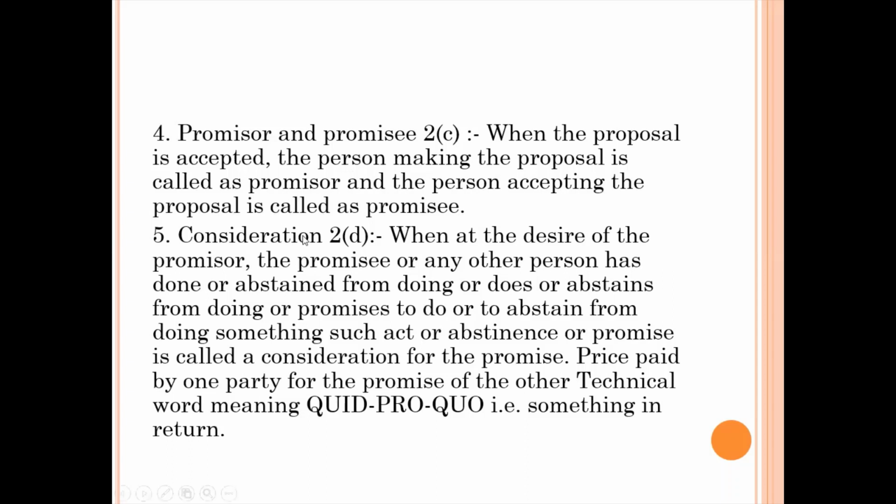The fifth one is consideration. This is the main requirement. Consideration comes under section 2D. When at the desire of the promisor, the promisee or any other person has done or abstained from doing, or does or abstains from doing, or promises to do or to abstain from doing something, such act or abstinence or promise is called a consideration for the promise.